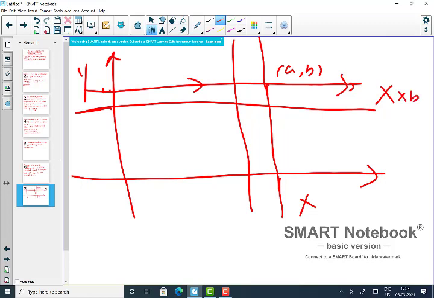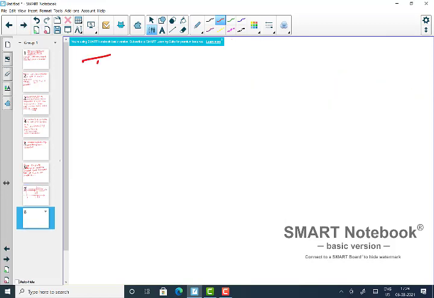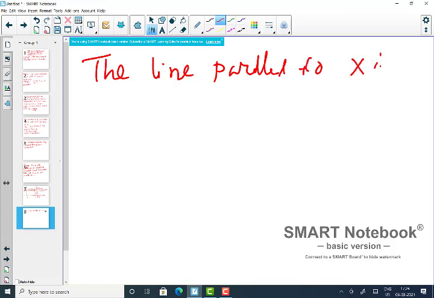So this is a line parallel to the x-axis. I read it as X cross b.